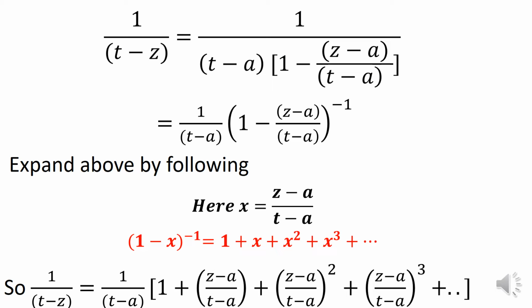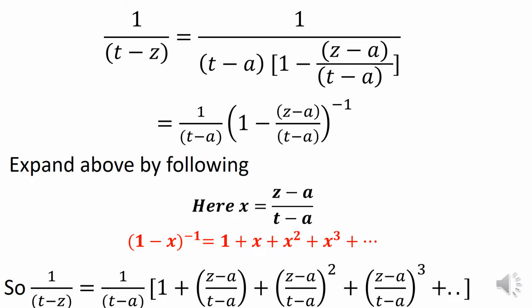Further, so 1 by (t minus z), right? What will be there? I will take (t minus a) common from the denominator, right? So 1 minus (z minus a) divided by (t minus a), in the bracket is there. So this is in the denominator. You can take it to the numerator also, so the power will be minus 1.